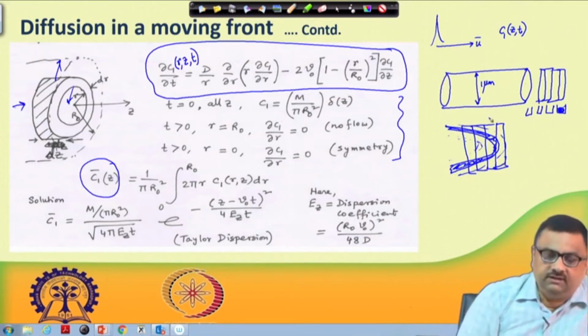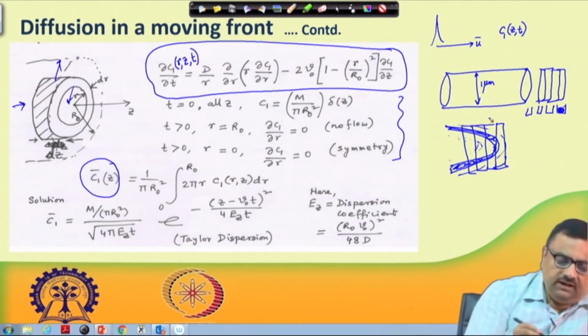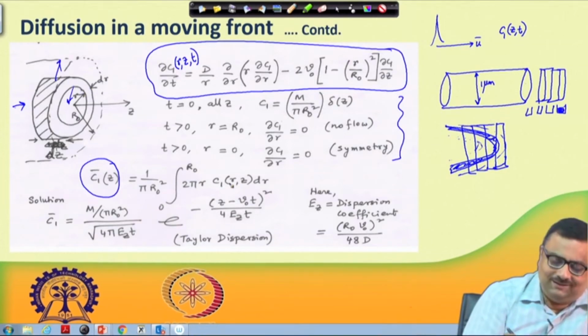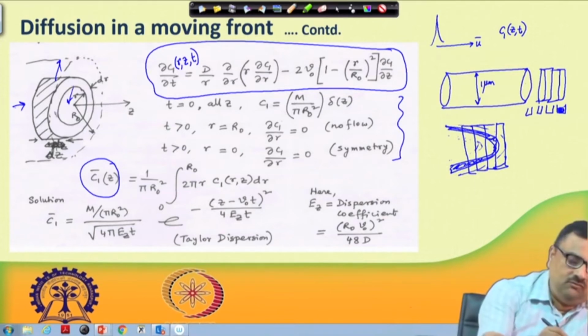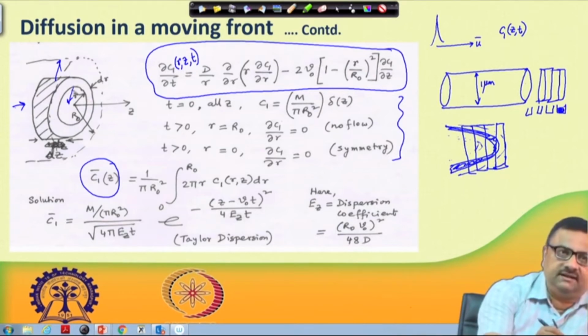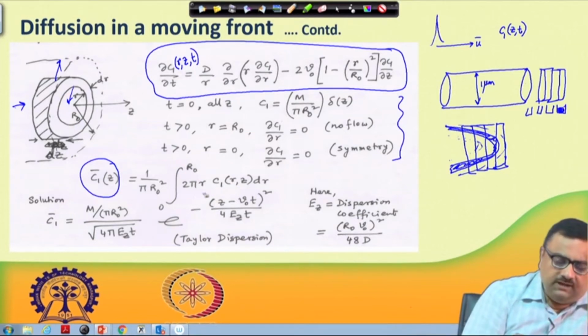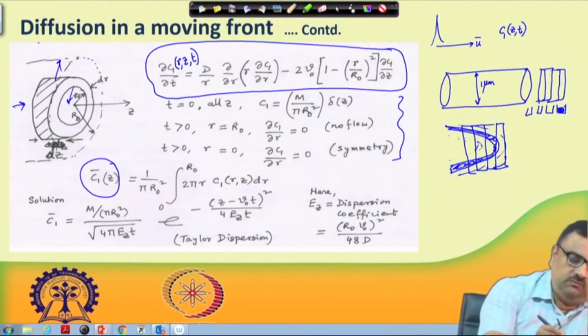So how can we average it? We can write that C1 at r, z exists over this annular shaped area. If we multiply this C1 with 2 pi r dr, what is 2 pi r dr?